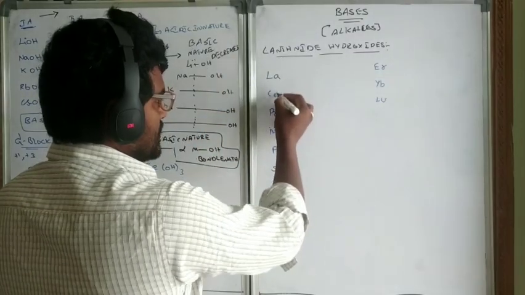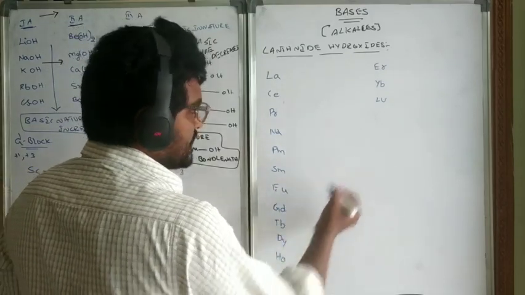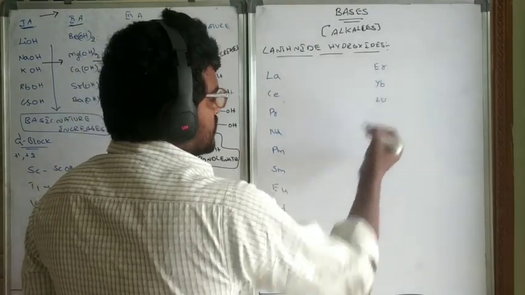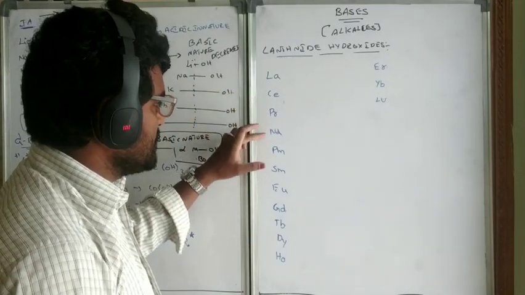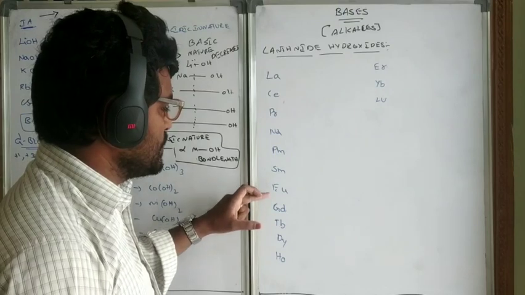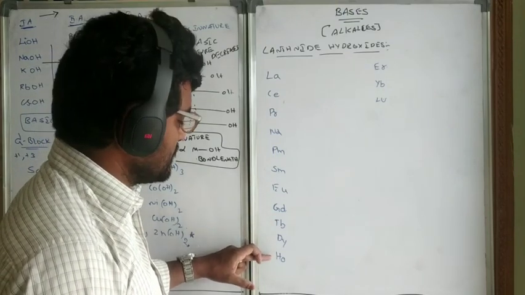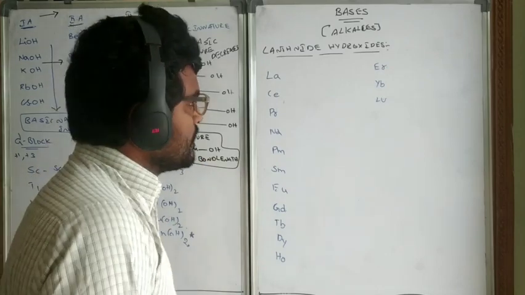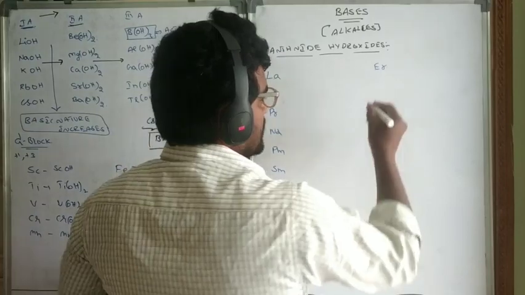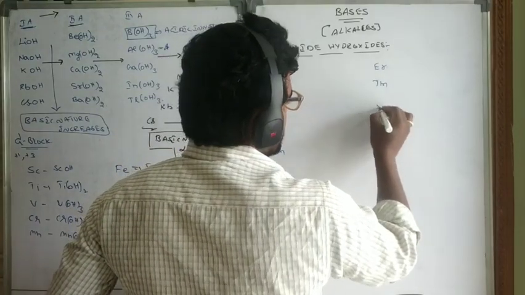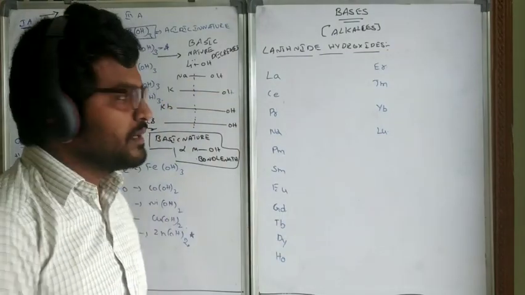So see, 14 will come. Lanthanum, cerium, praseodymium, neodymium, promethium, samarium, europium, gadolinium, terbium, dysprosium, holmium, erbium, thulium, ytterbium, and then lutetium.